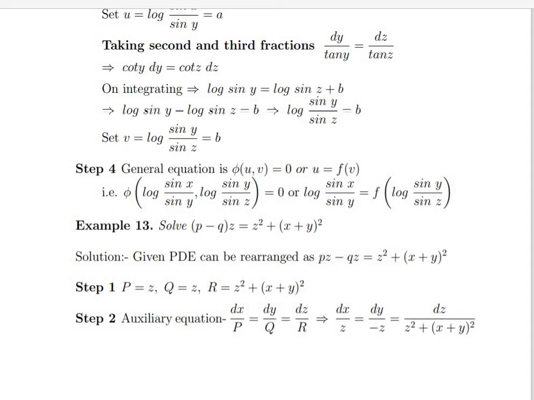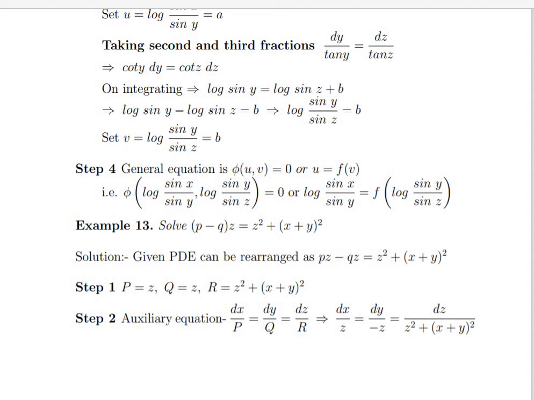Now moving to the next question, that is to solve (p minus q) into z equal to z square plus (x plus y) the whole square. First we have to arrange the given PDE in the pattern Pp plus Qq equal to capital R. So for that purpose, we will first open the bracket in the left side of the equation.